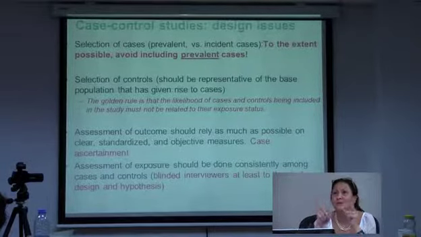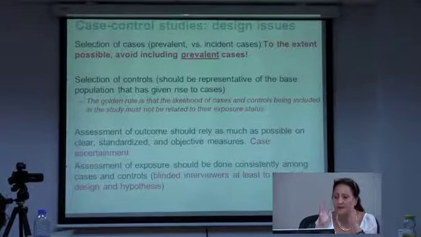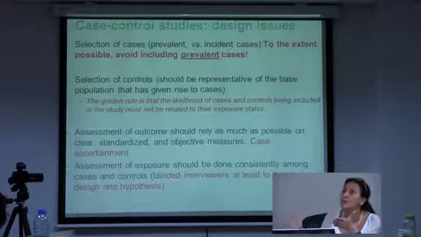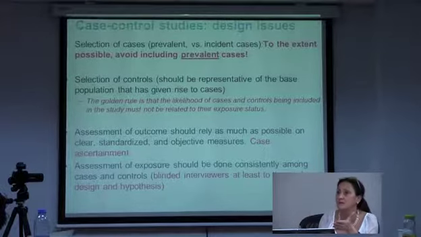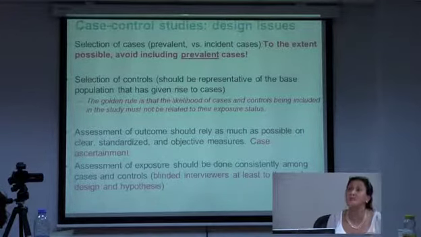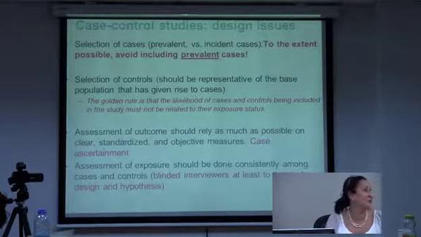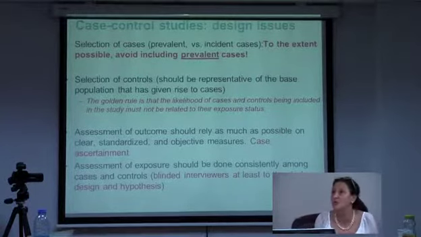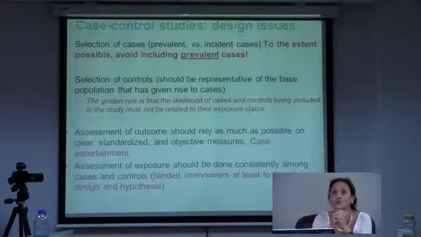Whenever you select cases or control, the way you select them should be independent of the exposure status. So if you want to select a control, you don't go look for non-smokers. You look for people of the general population that could be smoker or non-smoker.